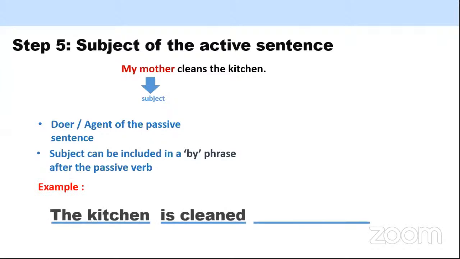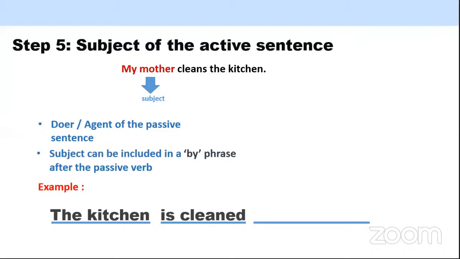Look at this. It is very familiar to you now, I think. The kitchen is cleaned. What we have already written, these two parts. Now I'm going to include the subject of the above active voice sentence. What is it? My mother. I'm going to include it in a by phrase and place it after the passive verb.